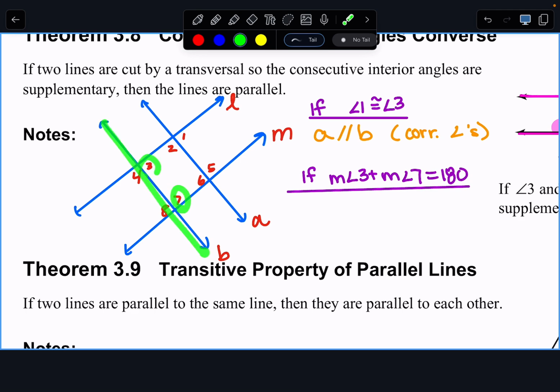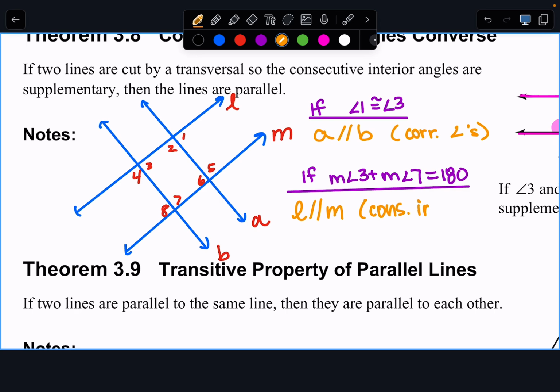B is the transversal because it's hitting both of those. So if I have consecutive interior angles that are supplementary, then we know which two lines are parallel. L is parallel to M because of our consecutive interior angles. Okay.